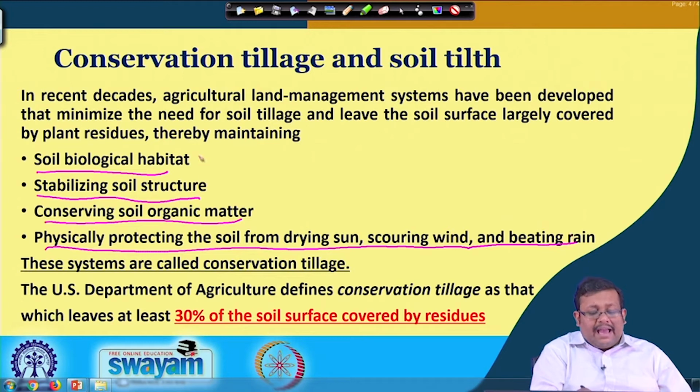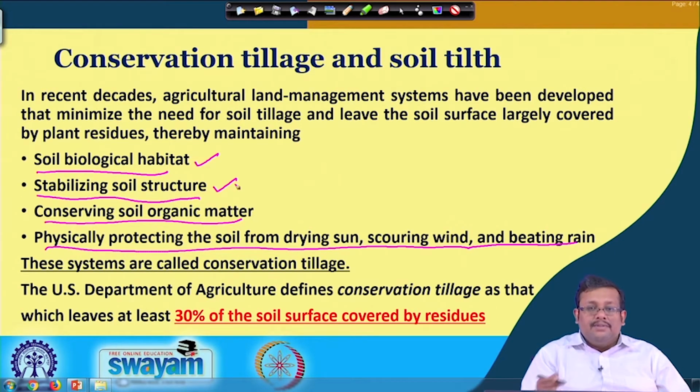Now, as this conservation tillage requires minimum soil disturbance, obviously the soil macroorganisms and microorganisms can thrive better in the soil, and stabilizing the soil structure is possible because we are leaving the plant residues, not removing them.